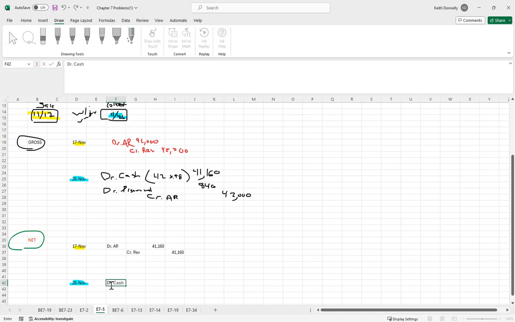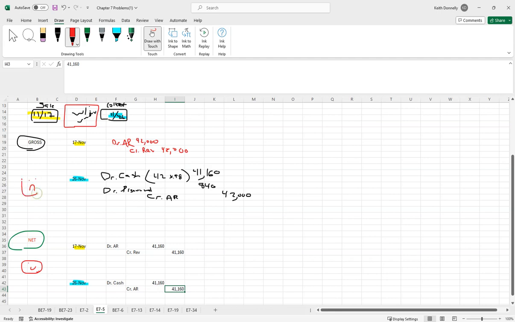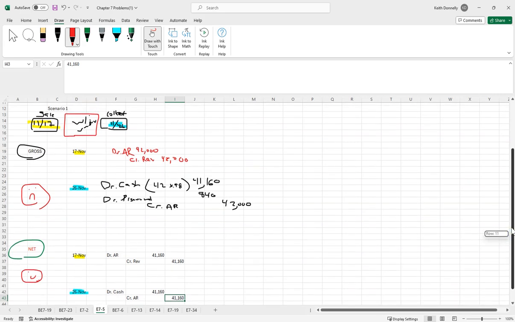Debit cash for what they pay us, the 41,160, credit accounts receivable 41,160. So the upshot is when it's within the window, which most of the time it is, it's easier to do the net method. You just tee it up, you get rid of it. It's uglier, a little bit harder, nothing too hard, for the gross method.